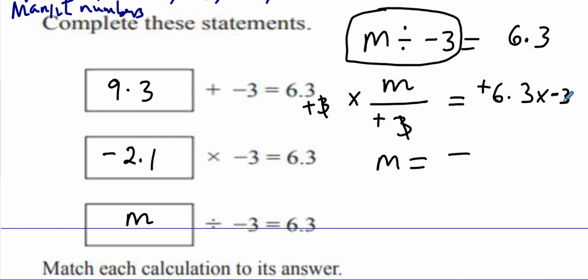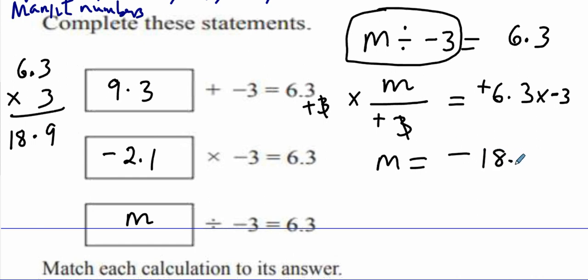Then you do 6.3 times 3. 3 times 3 is 9. 3 times 6 is 18. 1 decimal place, keep it over here. So the answer is negative 18.9.